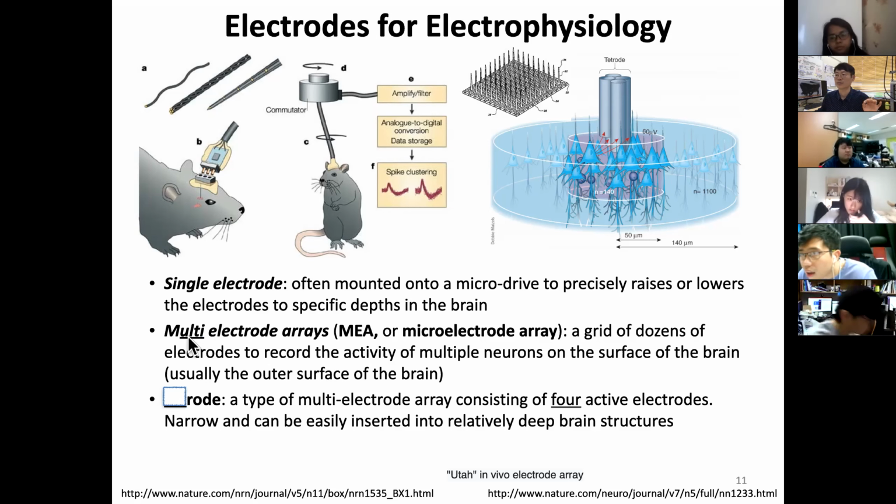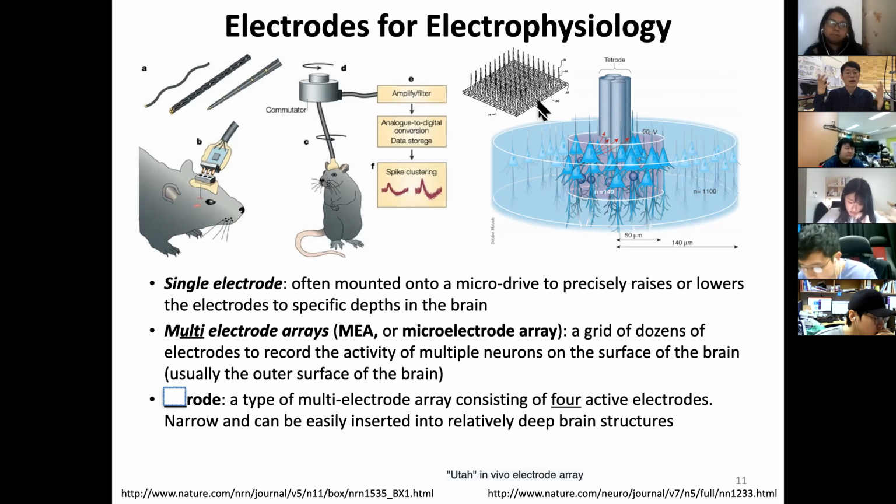So it's a multi-electrode array. One example here is so famous that I added it, called the Utah array. So this we call a multi-electrode array, or MEA. And this is a Utah in vivo electrode, right? You can see 8 by 8, 64 channels you can measure.